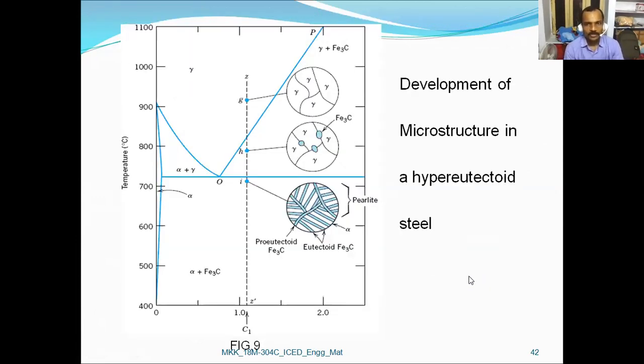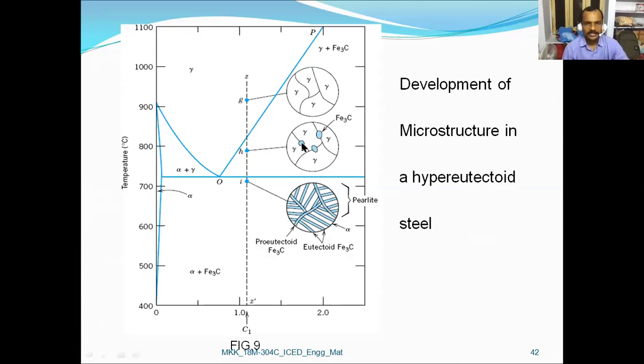So now let us move to the development of microstructure in hypereutectoid steels. This is proeutectoid Fe3C, and these are eutectoid Fe3C, and this is alpha iron, and this is the perlite structure.